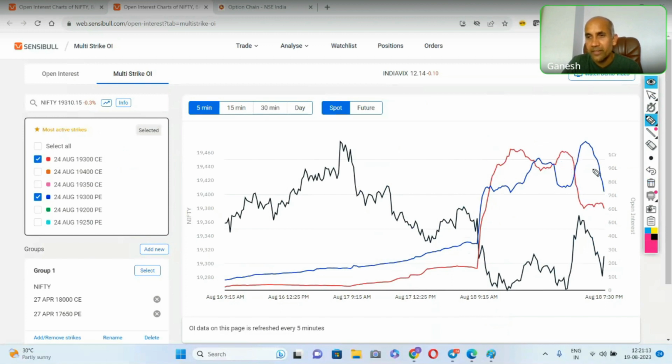Why? Assume that it is the end of the expiry week, Friday, so they don't want to carry too many 19,300 calls because the spot closed above 19,300. Observe the market yesterday. Reliance rallied so much.